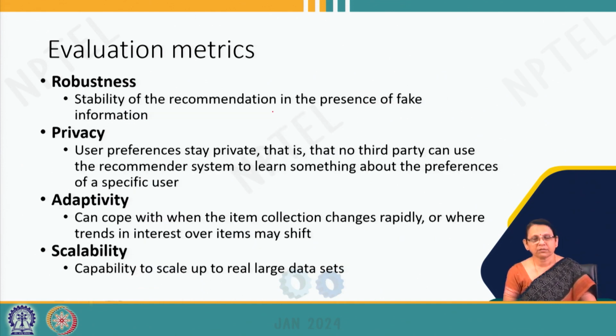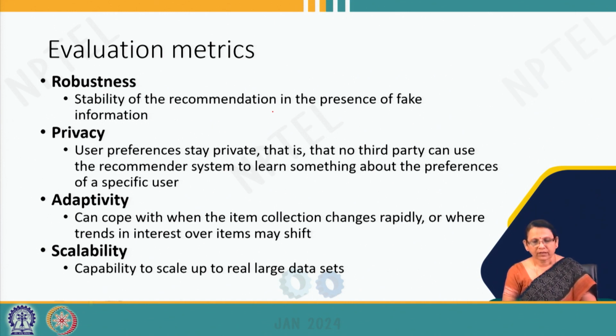A few more evaluation metrics. Robustness. It shows the stability of the recommendation in the presence of fake information. Now, what is this fake information? I have told you several times earlier also. Recommendation systems are quite prone to attack. Attack in the sense, in case of rating, some spurious users can come and give ratings to increase or decrease the average rating of the item.